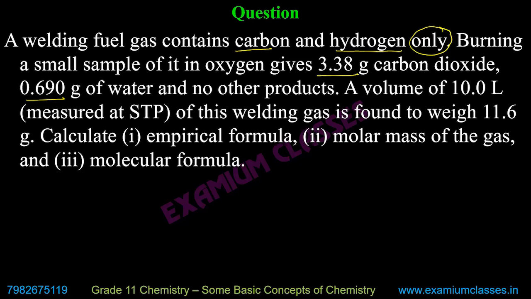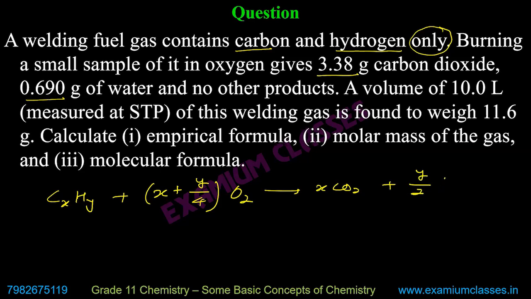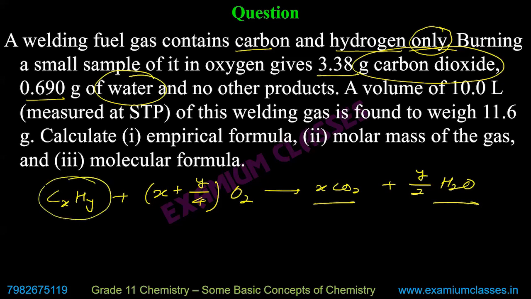You know there won't be any other products, because if it is a hydrocarbon, I have told you the generic equation: CxHy plus (x plus y by 4) O2 will give you x CO2 plus y by 2 H2O. So there will be carbon dioxide and water only if you burn a hydrocarbon.